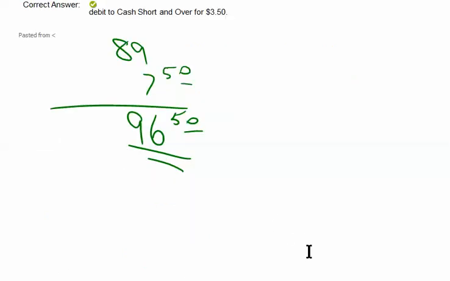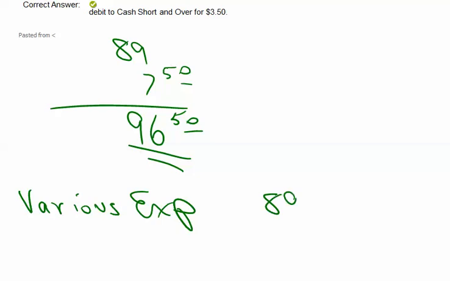Well, our journal entry then is going to be a debit to some various expense accounts. That might be office supplies, it could be repairs, it could be whatever, or a combination of all those for $89. And we need to get this back up to $100. For me to come back up to $100, that's what it should be.